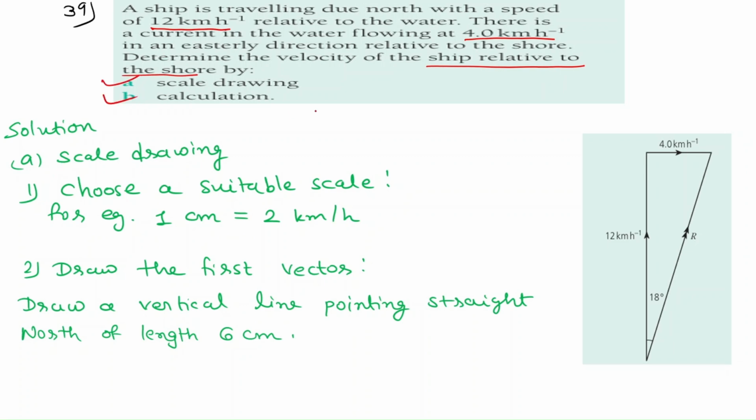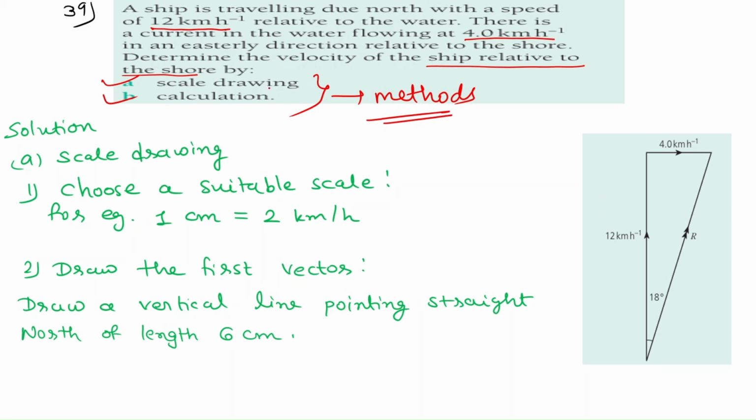In this question, the ship is going north at this speed and the current of the water is flowing at 4 kilometer per hour in the easterly direction relative to the shore. Now we have to find the velocity of the ship relative to the shore by these two methods.